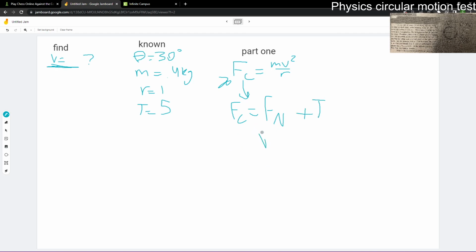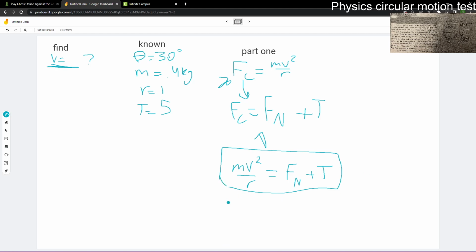So we can substitute: mv squared over r equals the normal force plus T. We can simplify that even further, but we do not need to for now.